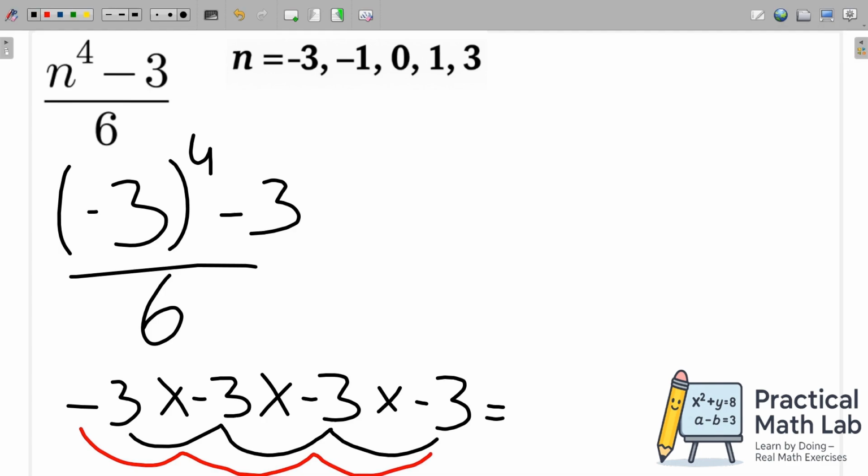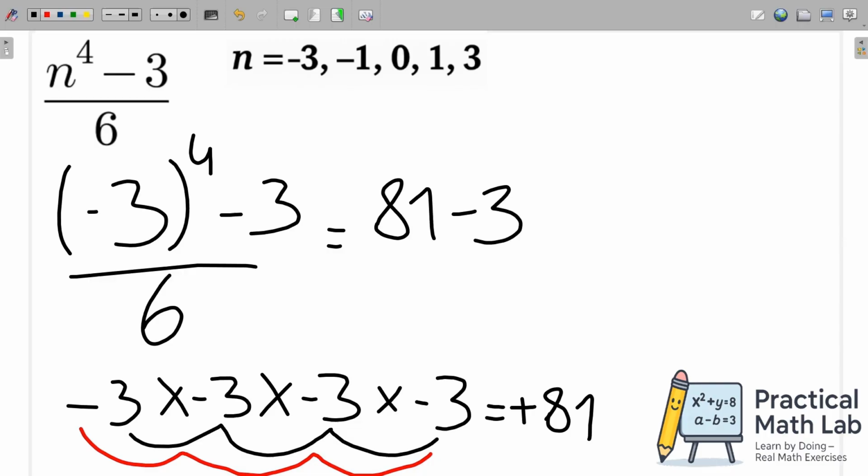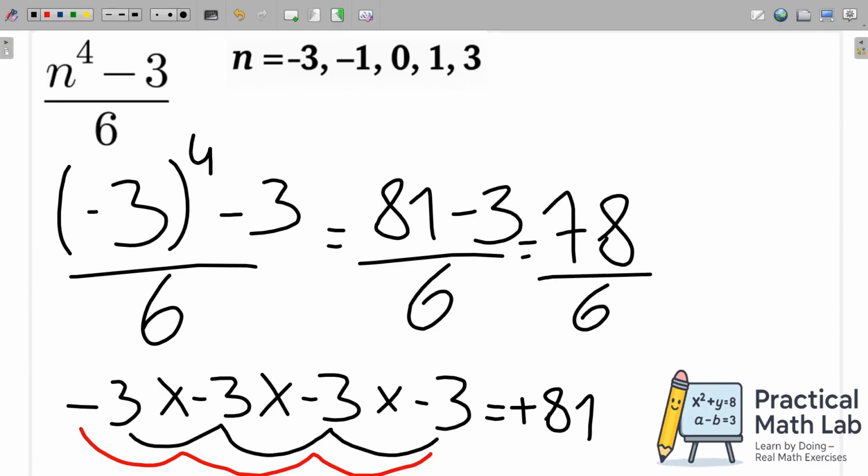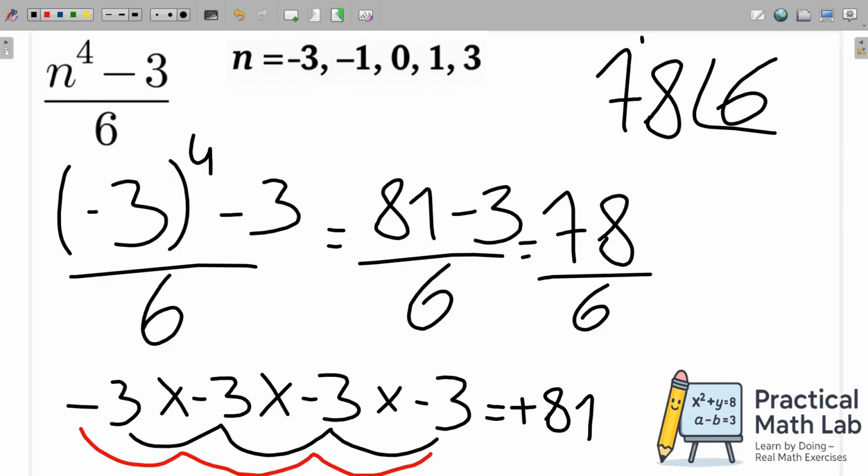So what do we have? Plus 81. So it became 81 minus 3 divided by 6, which is 78/6. 78 divided by 6. 7 divided by 6 is 1. 6 times 1, 6.